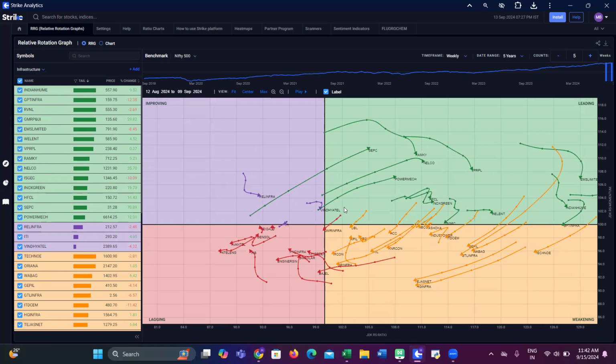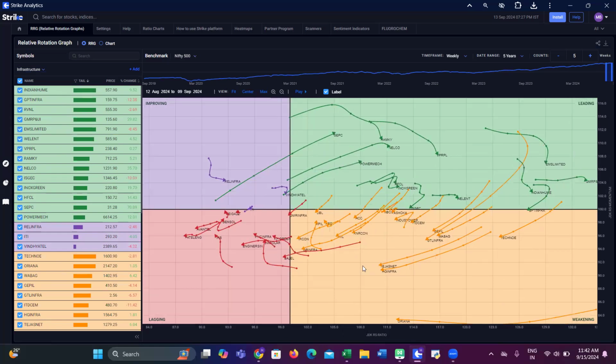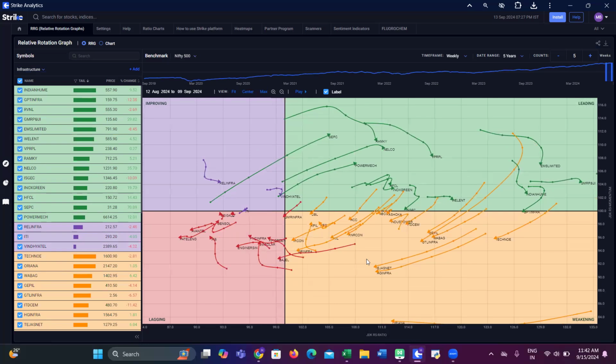Let's look at the chart first, right? Let's not go into individual stocks. What do you see? Most of the stocks are into leading, and some of them are losing the momentum, and most of the stocks are in weakening. Some of them are turning around and getting into leading, and most of them are having a reduction in the RS momentum.